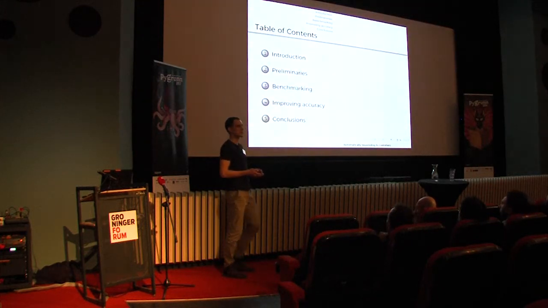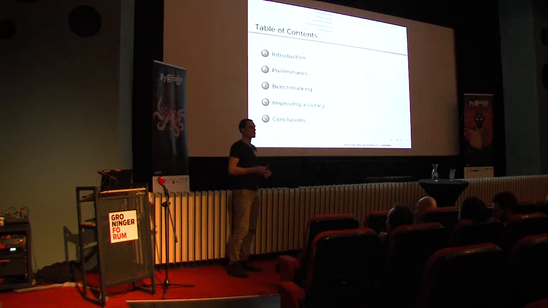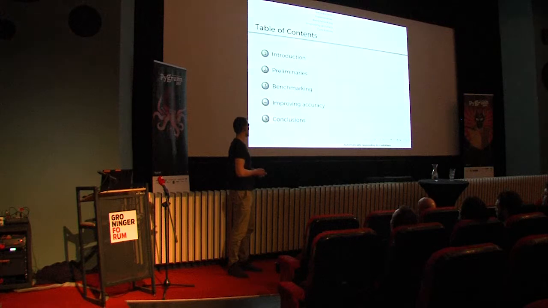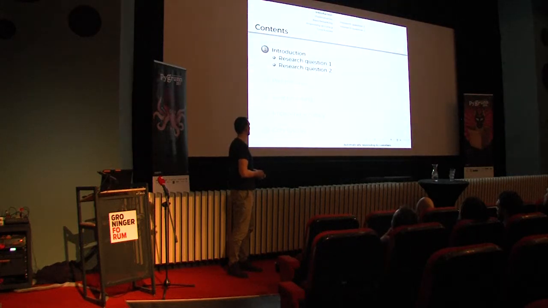So for chatbots, you want to classify what the user has said, what is the meaning of his sentence, and I made a benchmark to see which system is the best in classifying. And next, I have looked into improving accuracy. I have benchmarked the accuracy, and then my goal was to improve upon that. And I will conclude with the conclusions.